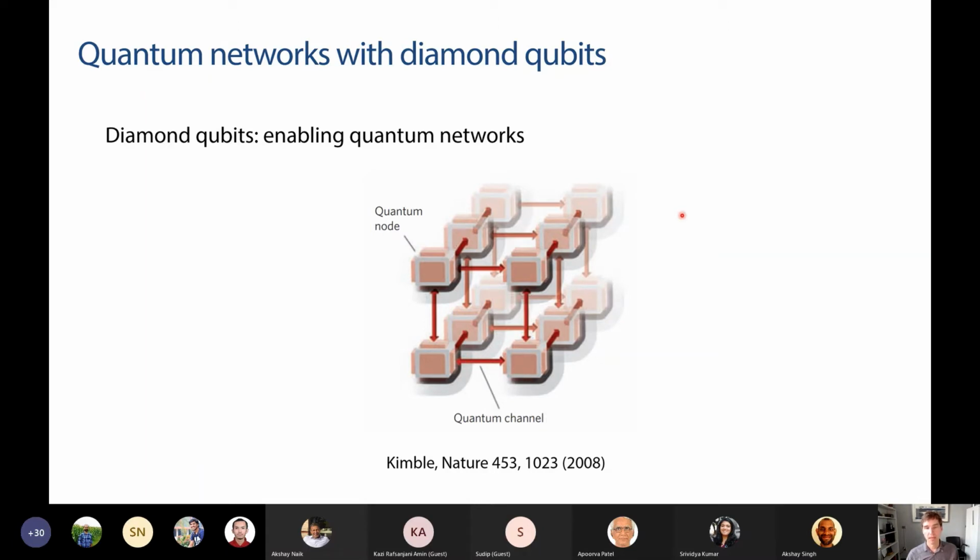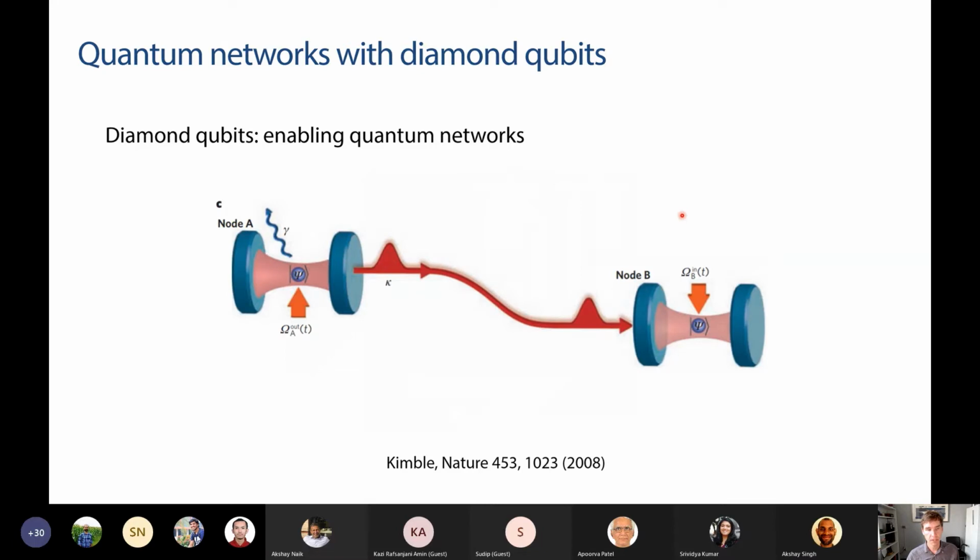And in many of these applications, these networking links, these quantum channels, are typically photonic in nature. A big challenge is figuring out how to coherently couple light to these individual quantum nodes. This is typically imagined as being done using a form of optical resonator, represented here by two mirrors, inside of which you have your favorite qubit.